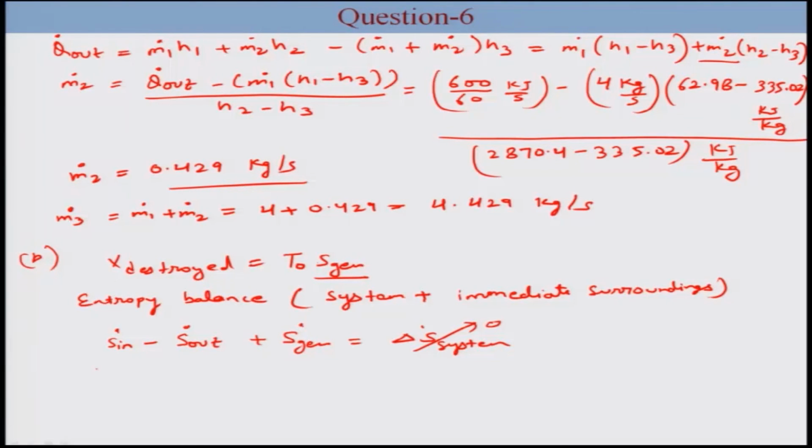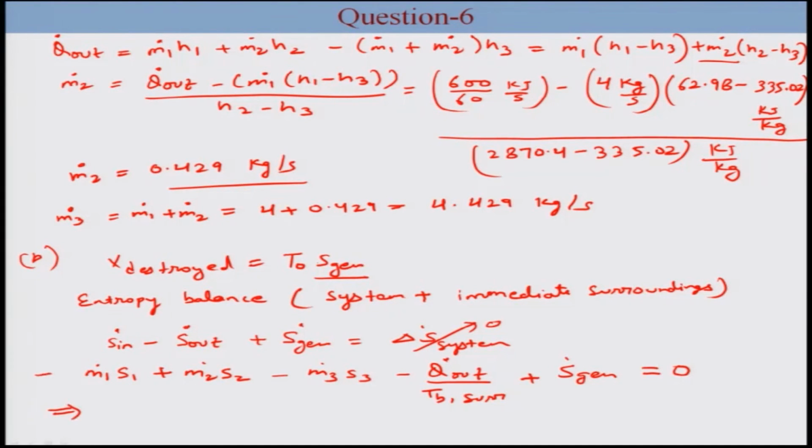Now, entropy in is m1 dot s1 plus m2 dot s2, minus what is leaving, m3 dot s3, minus, because of the heat which is going out, Q out dot divided by T0, the temperature of the surrounding, plus S dot gen, entropy generated, is equal to 0.